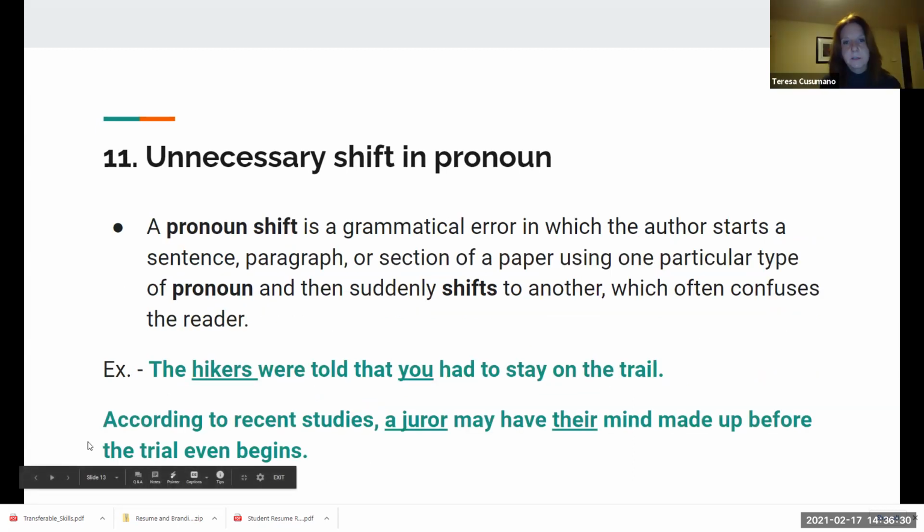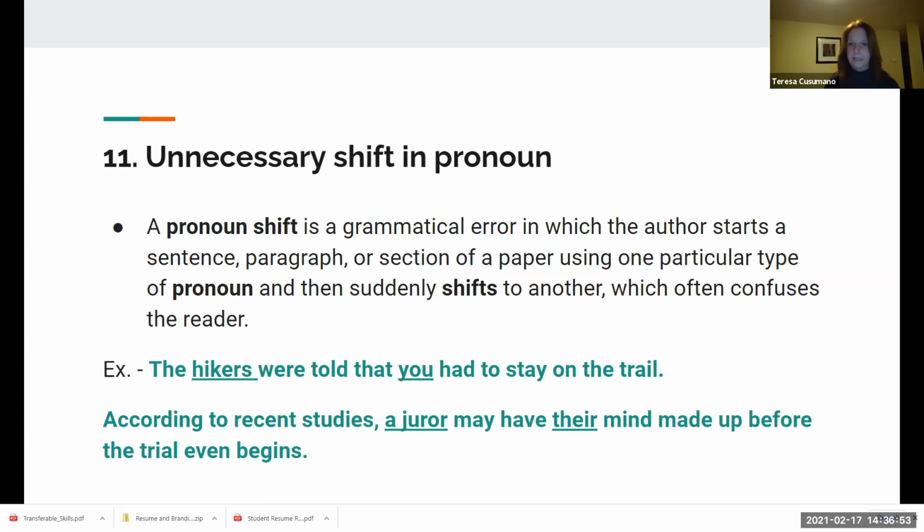Number 11, unnecessary shift in pronoun. A pronoun shift is a grammatical mistake where the author starts the sentence or a section of the paper using one particular type of pronoun and then shifts to another. It can get confusing for the reader. So the example, the hikers were told that you had to stay on the trail. At the beginning of that sentence, the hikers is plural, right?